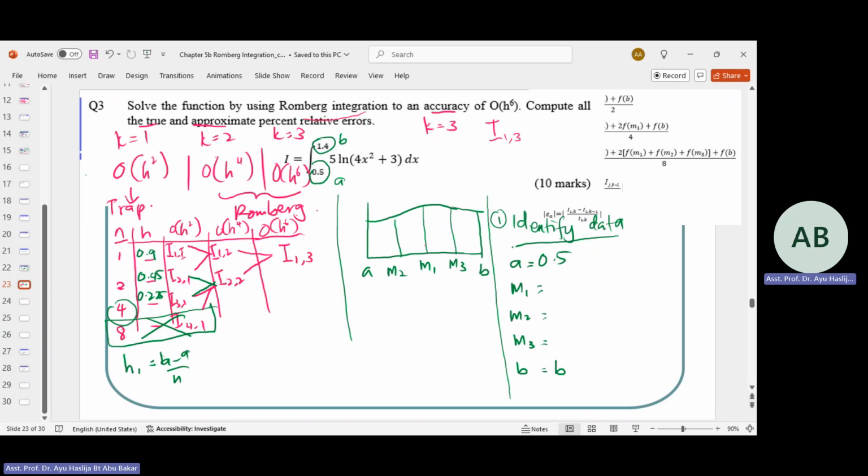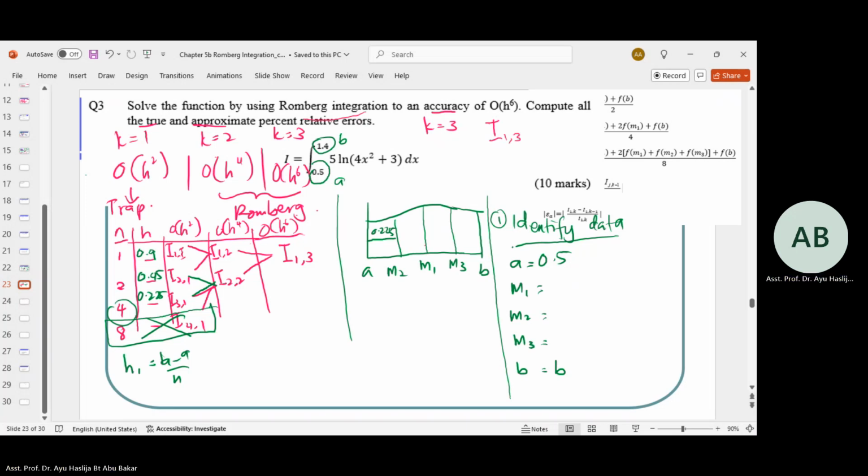Up to there, any question? Clear? So we know that the smallest h is 0.225. So each of these is 0.225 after we finalize all the segments.